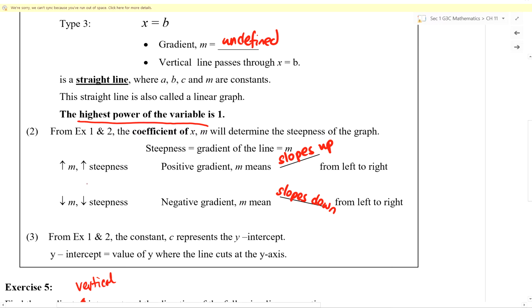So the greater the value of m, the more steep it gets, such that it goes until infinity. Then it's super steep. It becomes a vertical line. So the same will be for the opposite. The more negative you get, the steeper you get in the other direction. This is a very, very negative slope.